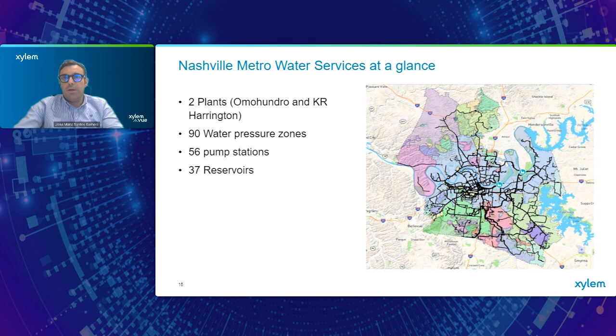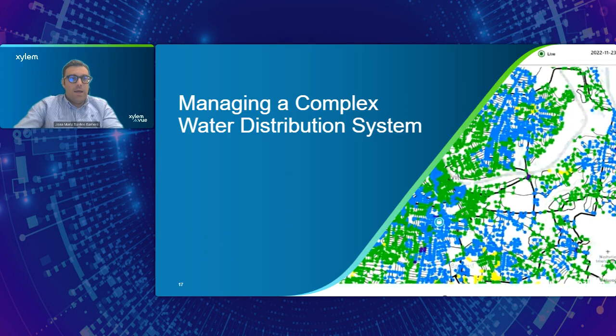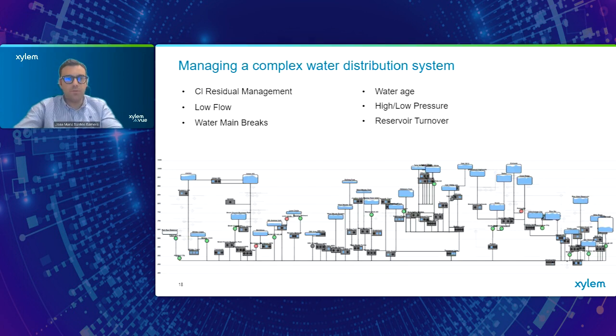What about managing these, let's say, complex distribution systems? I think we're all aware of the dynamics and complexity of the water transport and distribution systems, how rapidly conditions change and how challenges do as well.